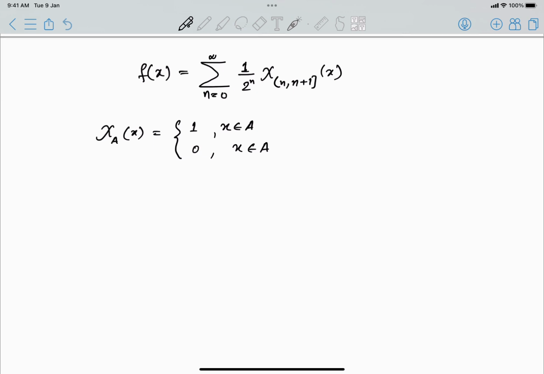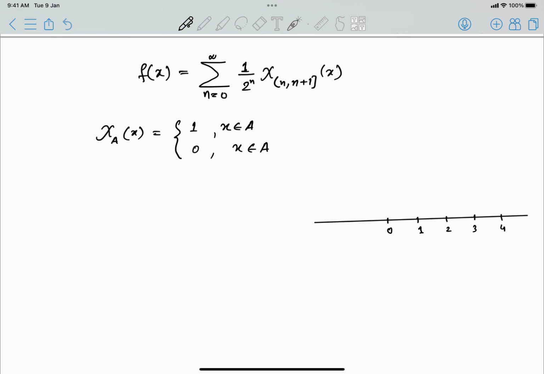Now look at how this function will look. Let's say this is 0, this is 1, 2, 3, 4 and so on. Note what happens when x equals 0.